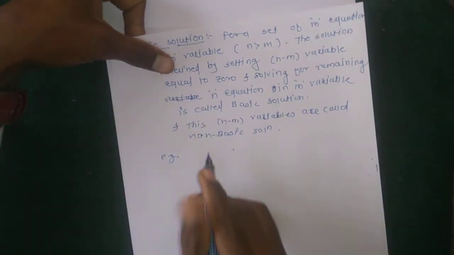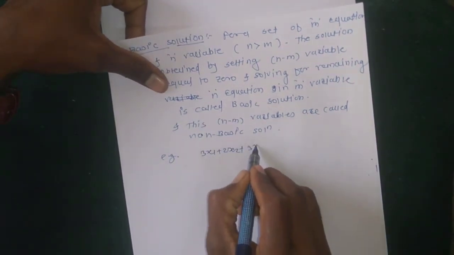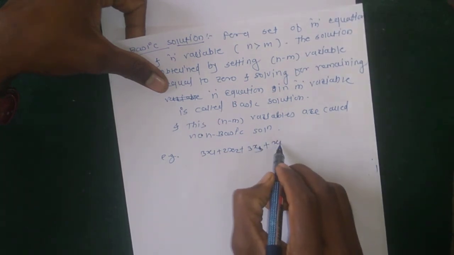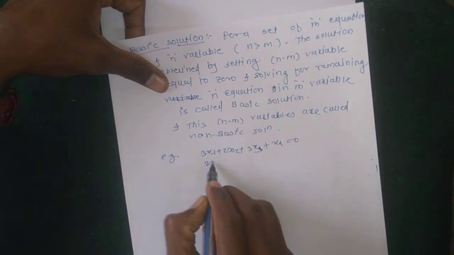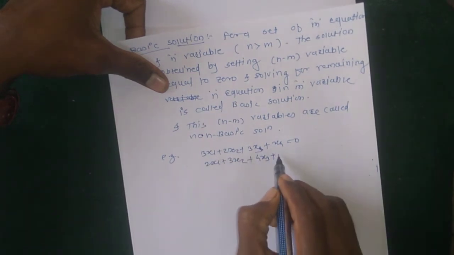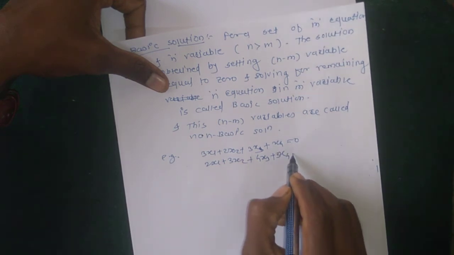Suppose the example is 3x1 plus 2x2 plus 3x3 plus x4 is equal to 0, and 2x1 plus 3x2 plus 4x3 plus 3x4 is equal to 0.